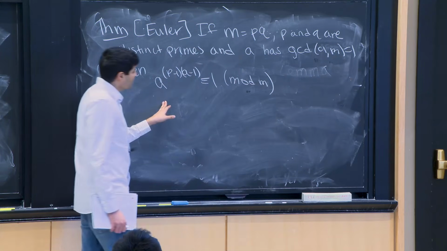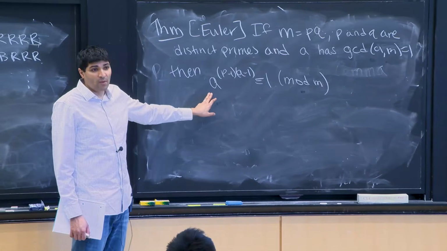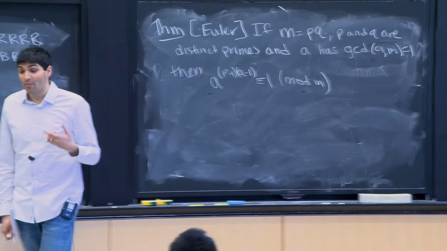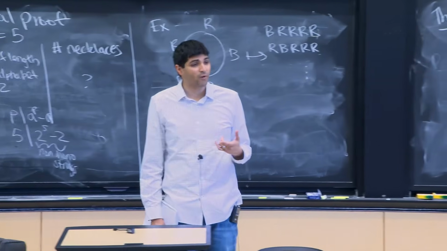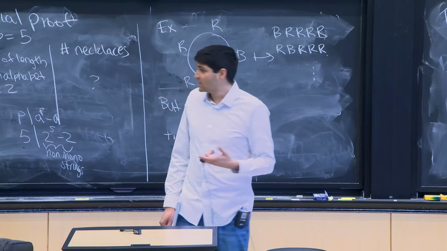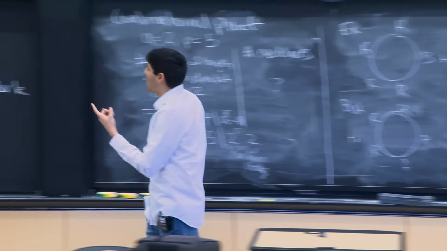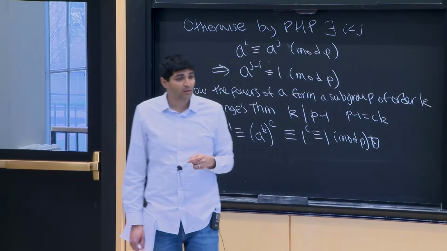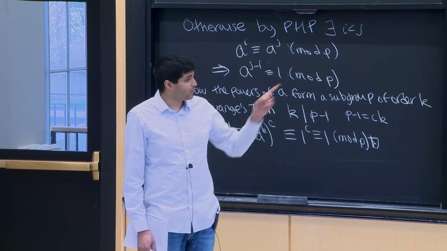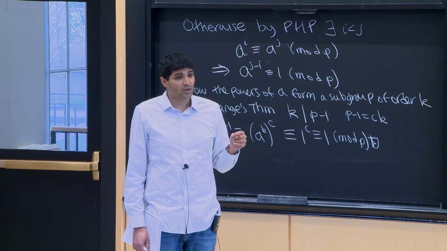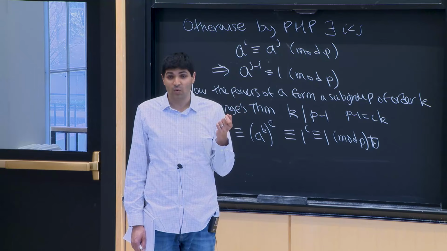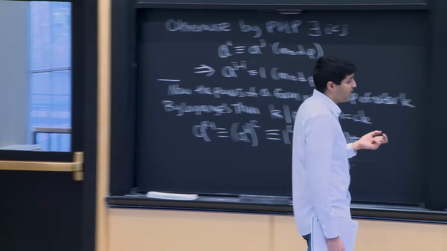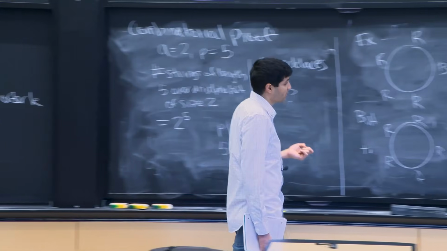So what I'm saying is that for all of these elements that have a multiplicative inverse, a version of Fermat's little theorem holds, even though we're not working over a prime. The difference is that I'm raising it to a different power. It's not P minus 1 anymore, where P is the modulus. It's now P minus 1 times Q minus 1. So we've changed the power we have to raise it to in Euler's theorem.